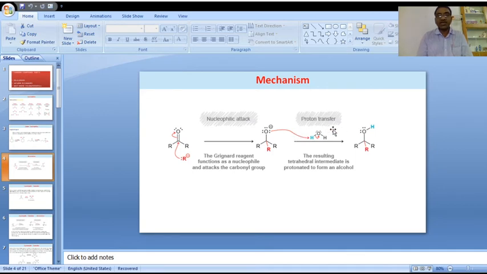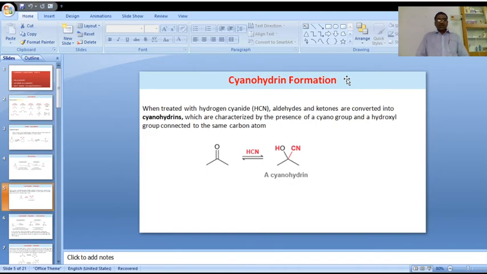For proton transfer we are using a water molecule here, a mild hydrogen source, to finally form the alcohol. The alcohol has a perfectly tetrahedral structure. Okay, is the mechanism of these carbon nucleophiles clear to all of you? Next reaction.